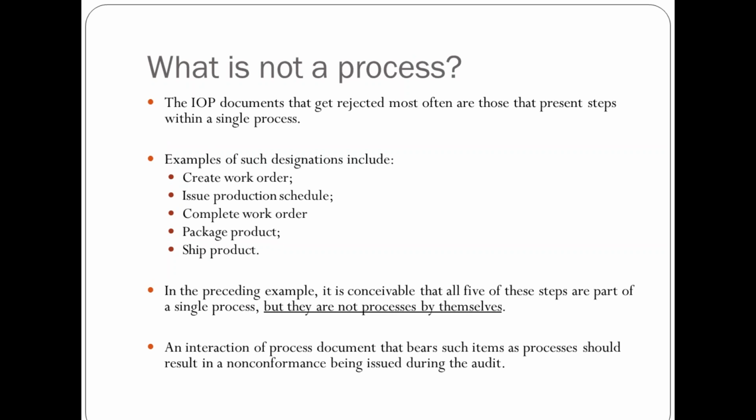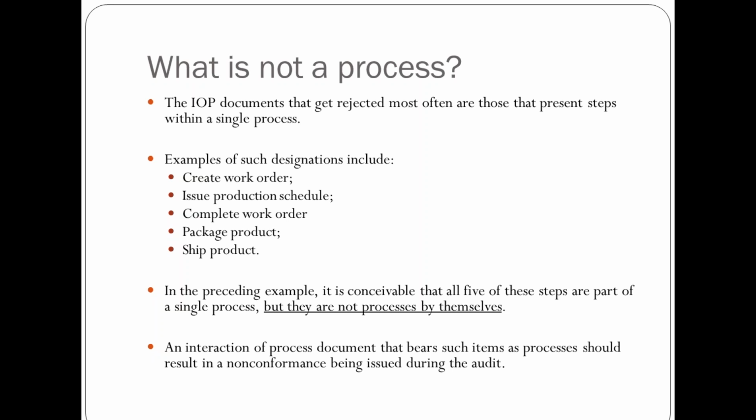Now, in terms of what is not a process, the IOP documents that get rejected most often are the ones that present steps within a single process. So, for example, if we have these items: create work order, issue production schedule, complete work order, and so forth, are these each individually standalone processes, or are they steps within a process?